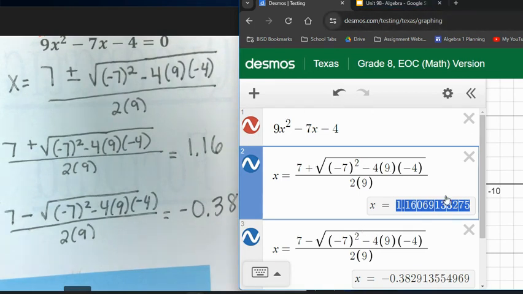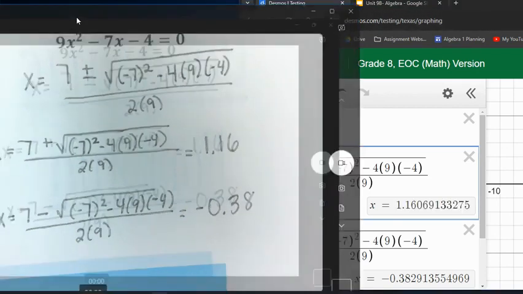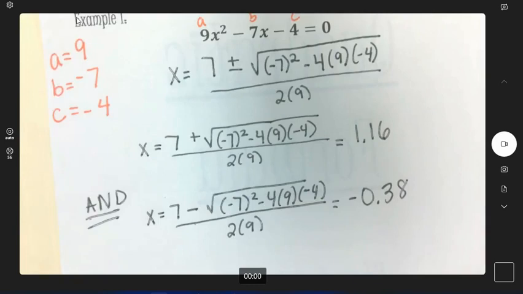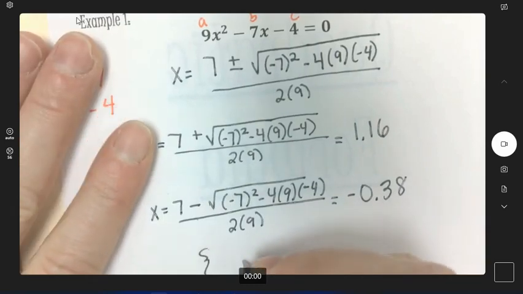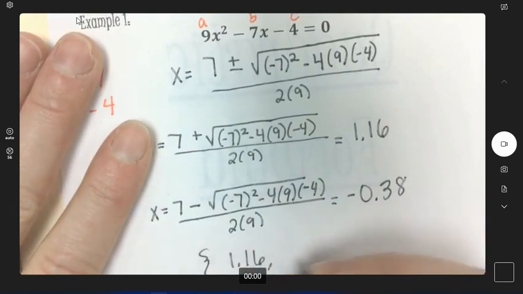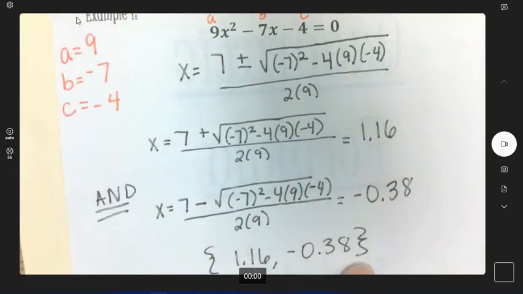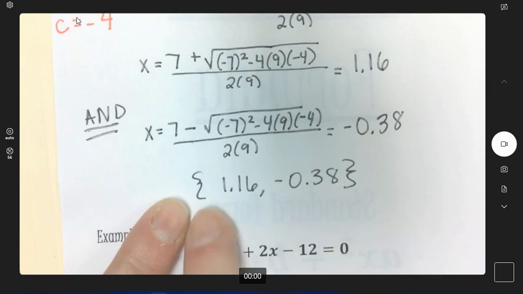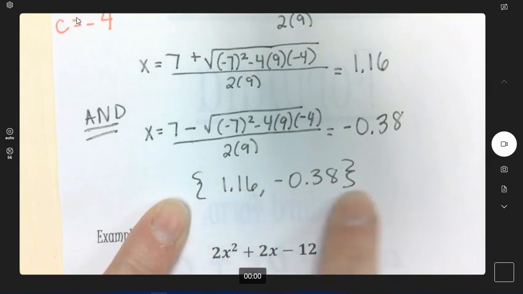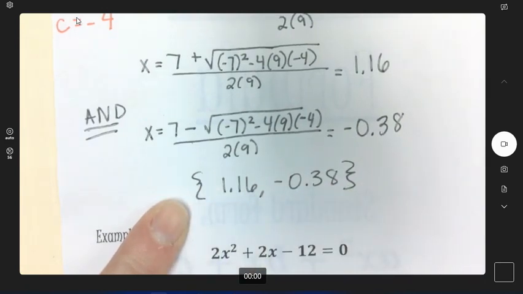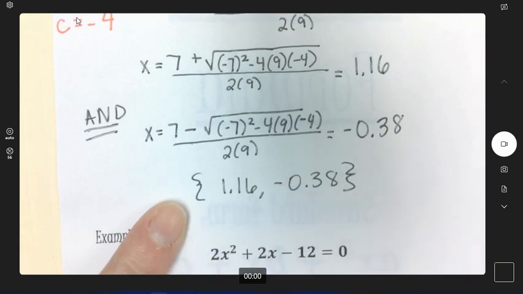If it didn't go through the parabola and the x-axis, and that's your point of intersection, then you might have typed it in wrong. Okay, so our solution is 1.16 and negative 0.38. Remember, we have the little squiggly braces. The order of these doesn't matter, but I usually do the smaller one first, but I didn't this time.